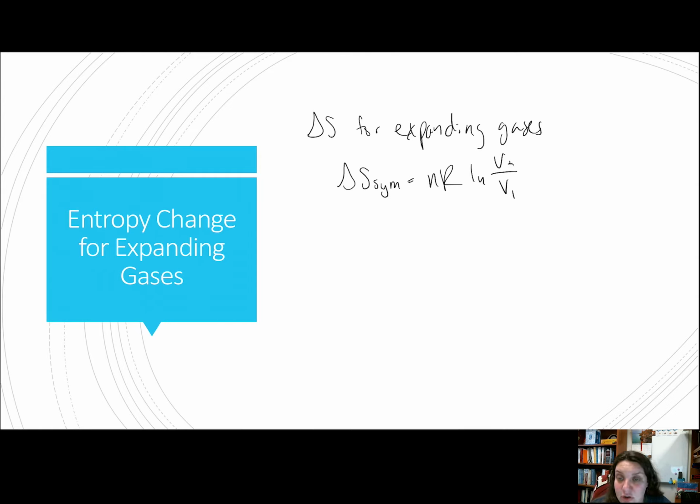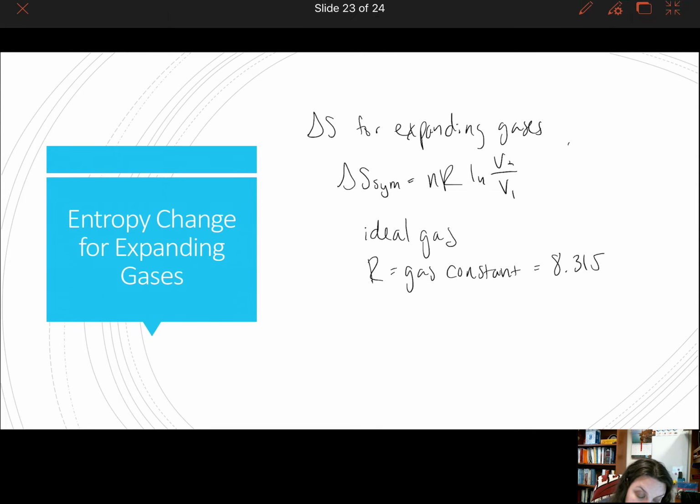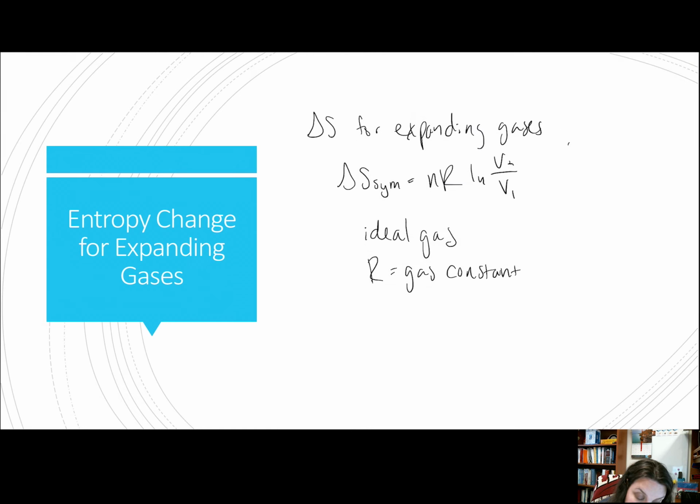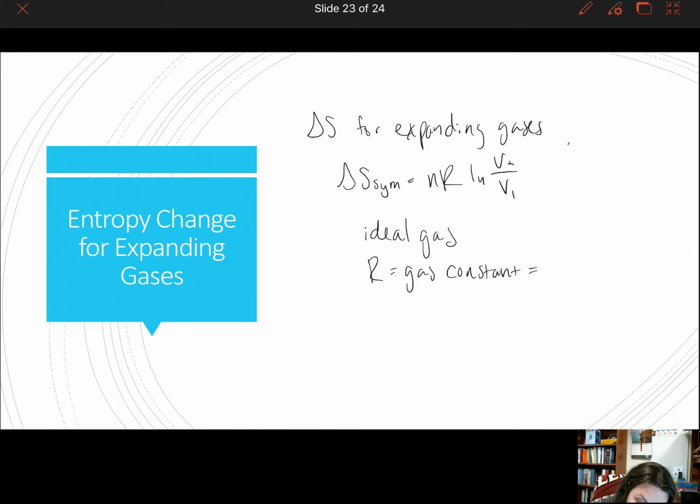We have to have an ideal gas, by the way, and that's because we have the gas constant R, which here is specifically 8.314 joules per mole Kelvin.